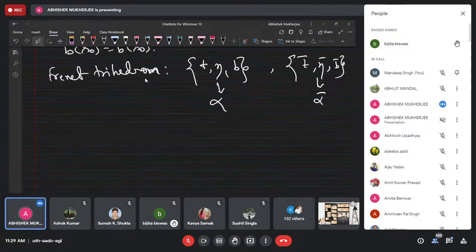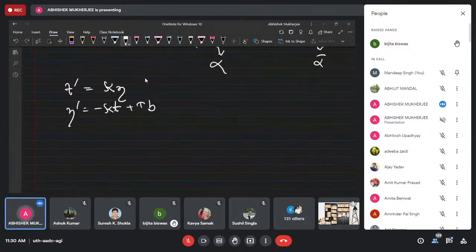Then these orthonormal bases for any s will satisfy the Frenet formulae. That means T dashed is kappa eta, eta dashed is minus kappa T plus tau B, and your B dashed is minus tau eta.